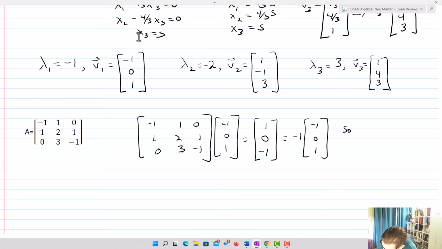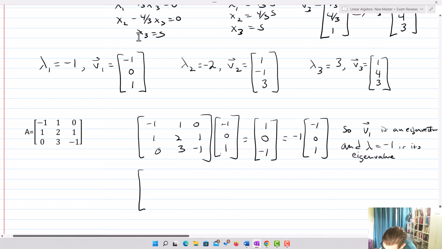So V1 is an eigenvector, and lambda equals -1 is its eigenvalue. Done. Good.